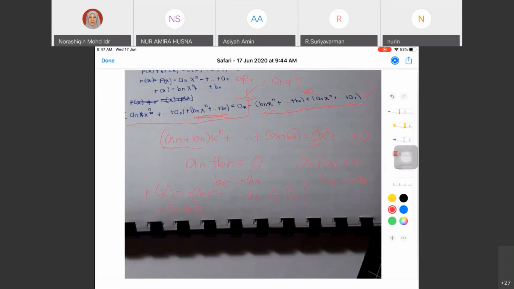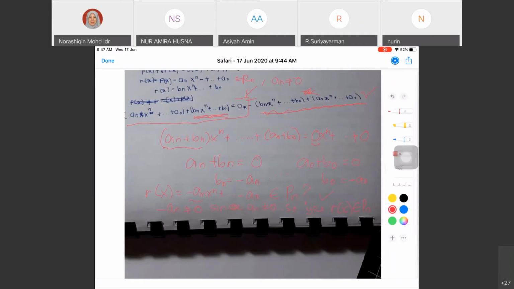So the answer, since a_n is not 0, yes, R(x) is in Pn. So the identity for P(x), that is R(x), looks like this.